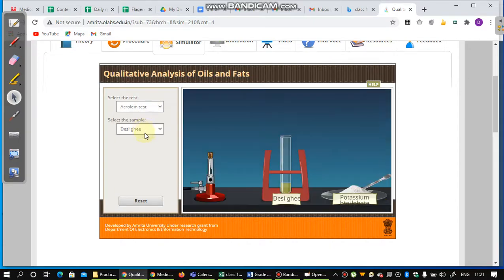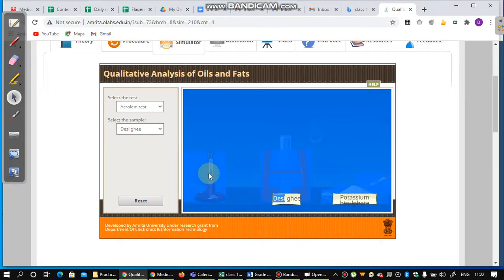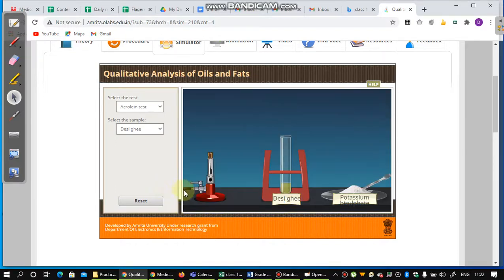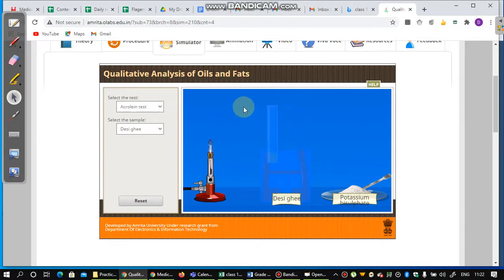The next test is the acrolein test. In the case of the acrolein test, what we do, we take potassium bisulfite with the sample of desi ghee, and heat it on the burner.